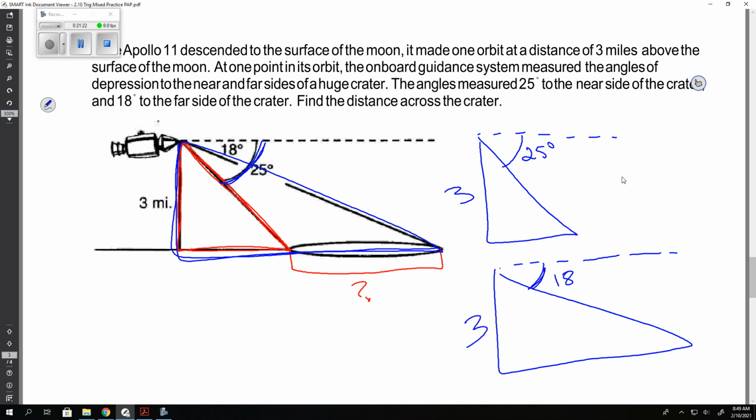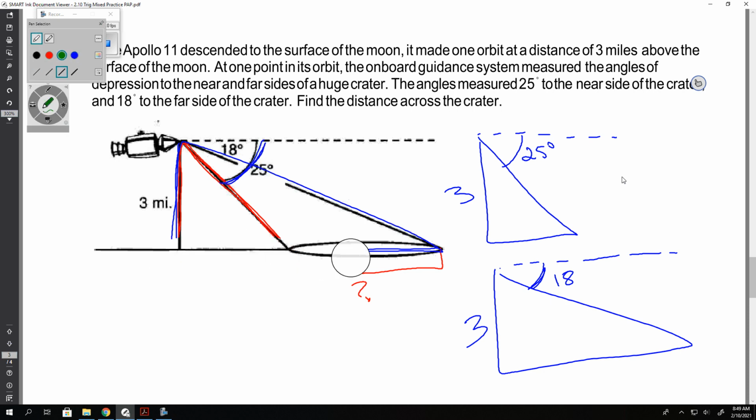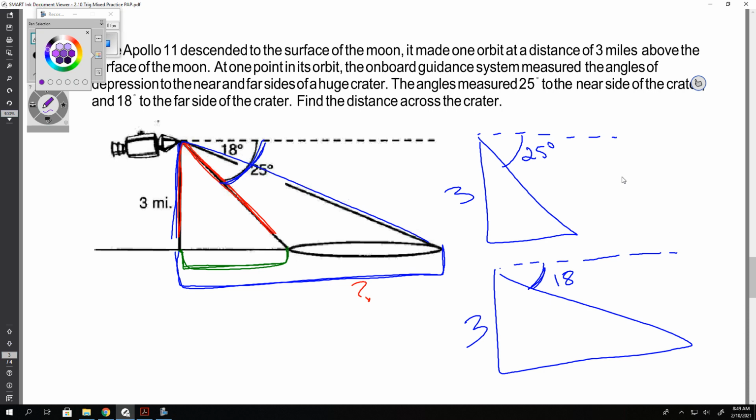So what you're going to need to do here is figure out these distances, because if I figure out, going back to the picture here, the length of this side of the small triangle, and then I figure out the length of the side of the big triangle, and then I subtract them, then I will get that distance across.